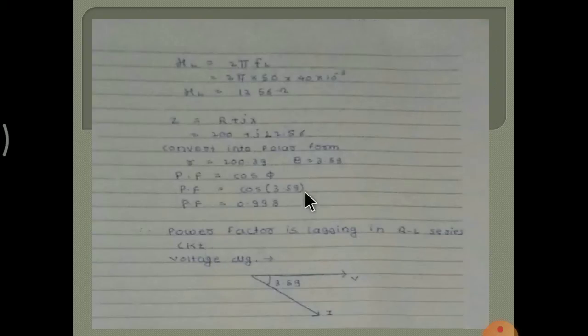This is the phasor diagram of voltage and current. The reference line is voltage, the angle is 3.59, and this is the current which is lagging the voltage.